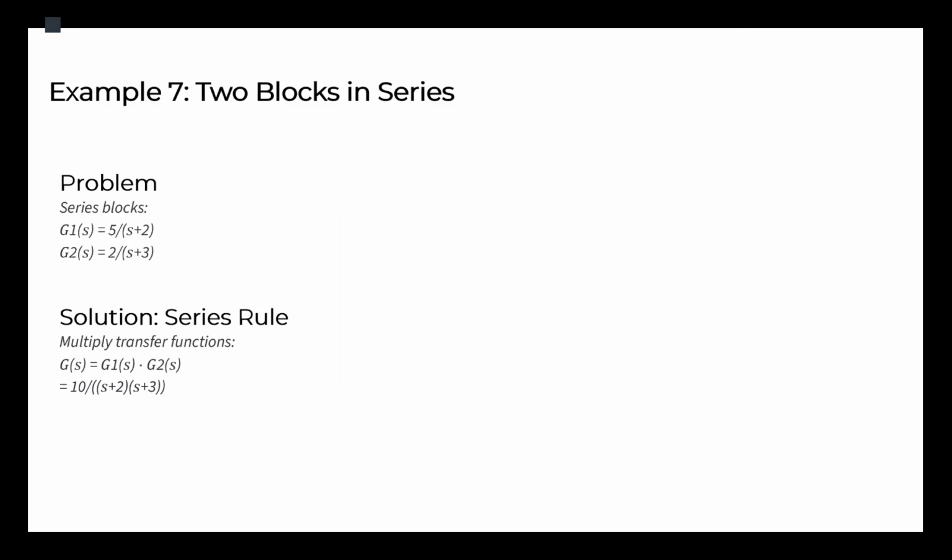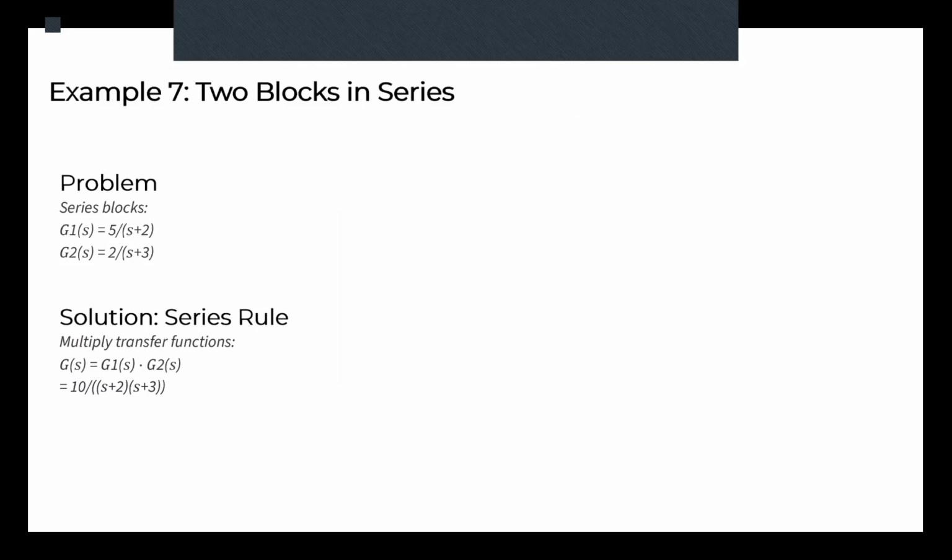Example 7. We have a system with two blocks in series. What's happening? That means we have our input.